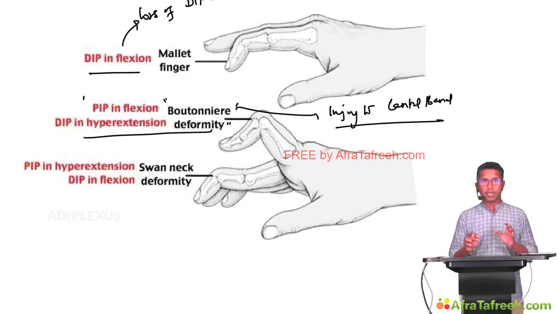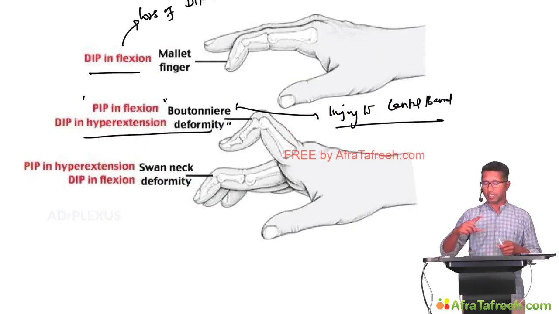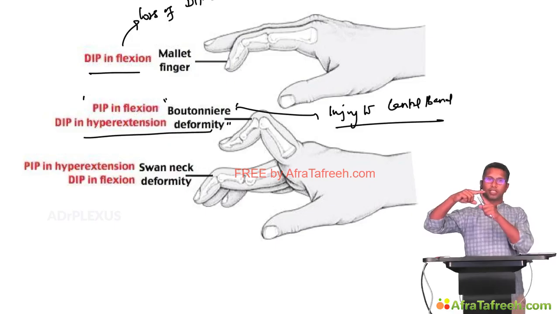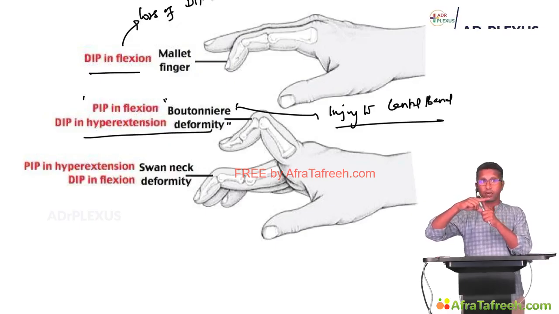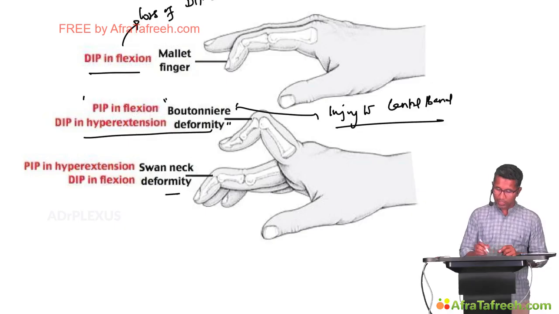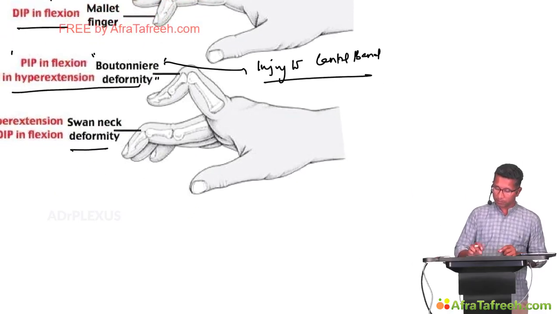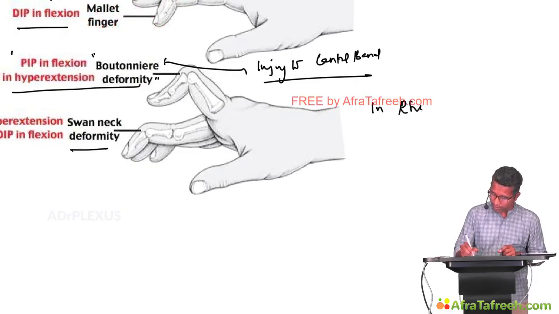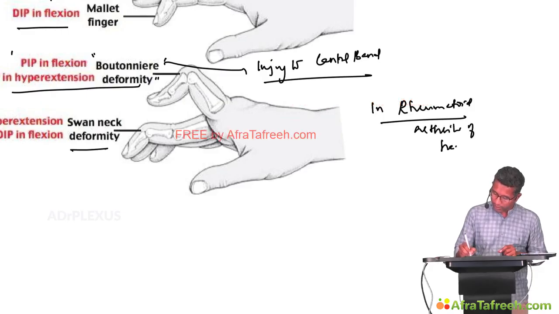A similar kind of deformity is seen in rheumatoid arthritis, where you have flexion of the distal interphalangeal joint and extension of the proximal interphalangeal joint, and this deformity is called swan neck deformity. So guys, please remember, in rheumatoid arthritis of the hand you also see these kinds of deformities.